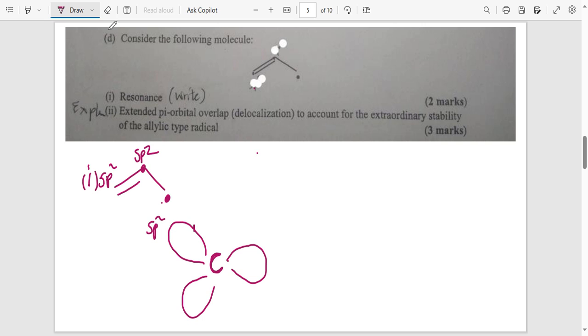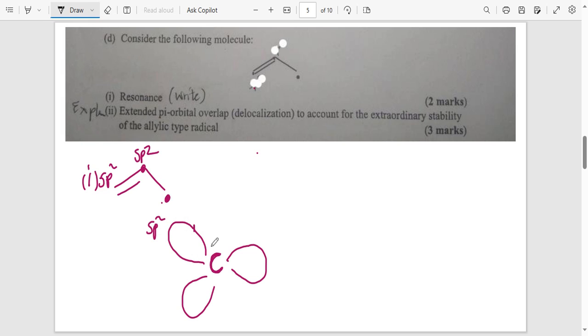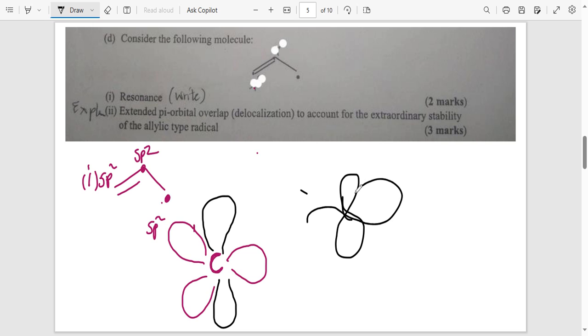Now, if I've got a compound that is sp2 hybridized, it means that it has got one p orbital that is not hybridized. And the p orbital looks like this, like infinity. If this compound was sp hybridized, it means that I would have had two of these.